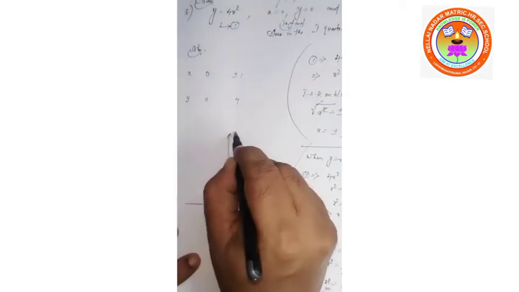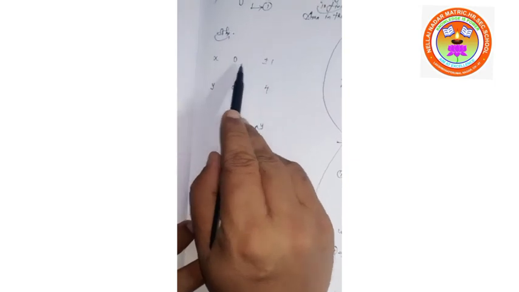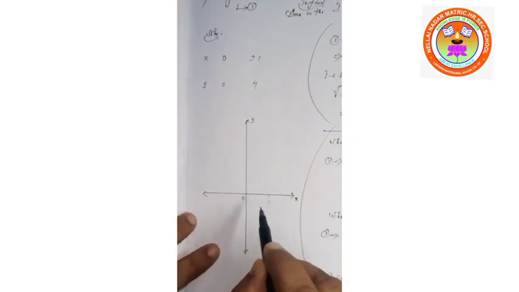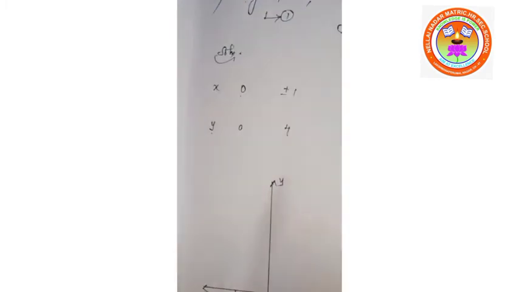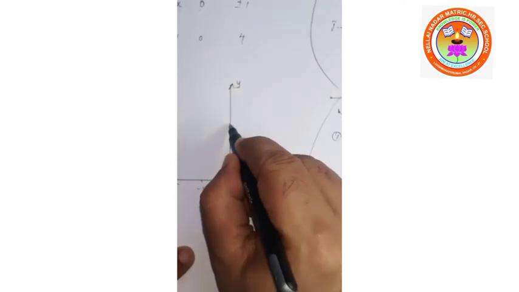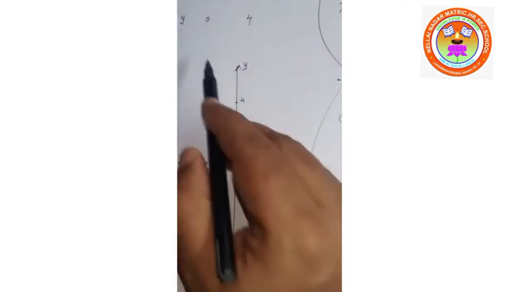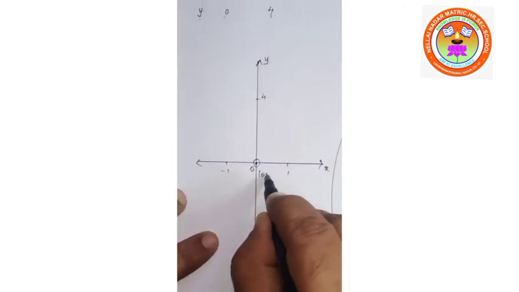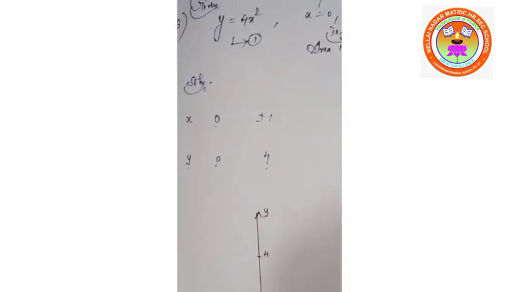X-axis, y-axis. We have 0 and plus or minus 1 for x. I take 1 over here, minus 1. For y, 0 and 4 only. First point 0, 0. Second one 1, 4 and minus 1, 4.